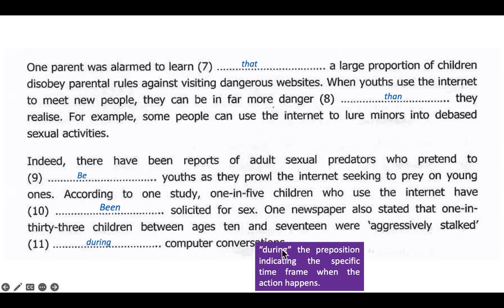During is the preposition indicating the specific time frame when the action happens. So what time was this happening? This was happening during computer conversations. So when the children were having computer conversations, they were aggressively stalked. So that's what we can state there.